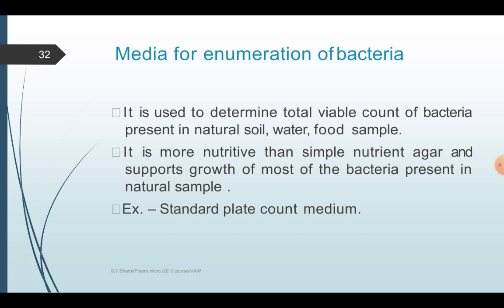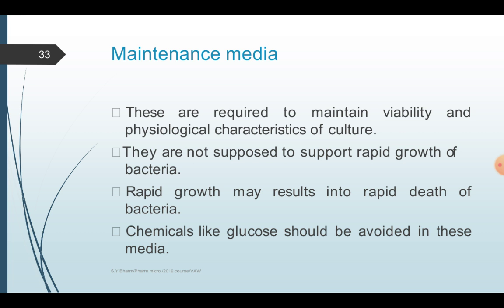Media for enumeration of bacteria are used to determine the total viable count of bacteria present in natural soil, water, foods or samples. It is more nutritive than simple nutrient agar and supports growth of most of the bacteria present in natural samples. An example is standard plate count medium.